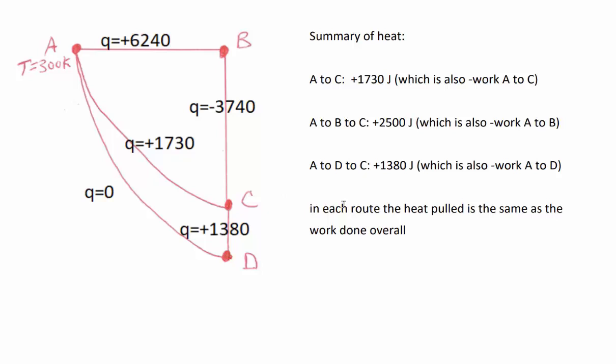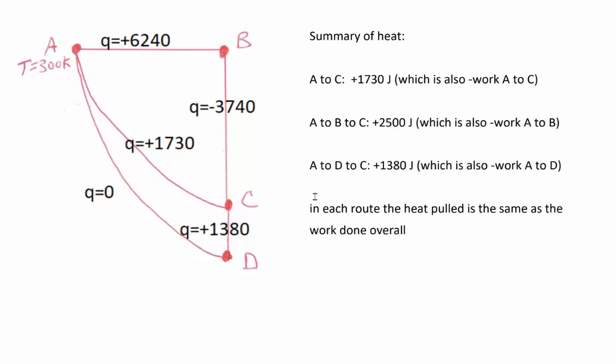So in each route, the heat pulled is the same as the work done overall, so that the first law of thermodynamics is held. But as you can see, depending on how we do the expansion, we could, at a minimum, draw in 1380 joules of heat, or at a maximum, we could draw in 2,500 joules of heat.